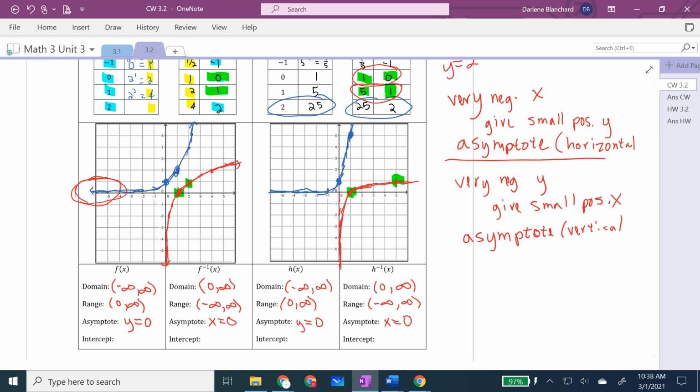Exponential graphs have y-intercepts, but they do not have x-intercepts. So the intercept of the parent graph is (0, 1) when you're dealing with exponential.